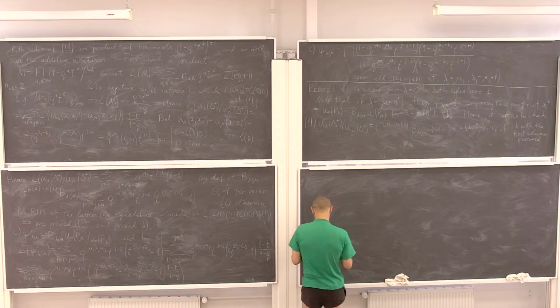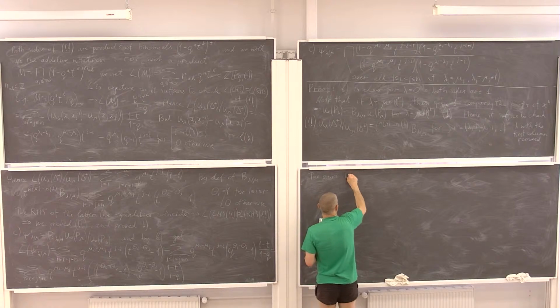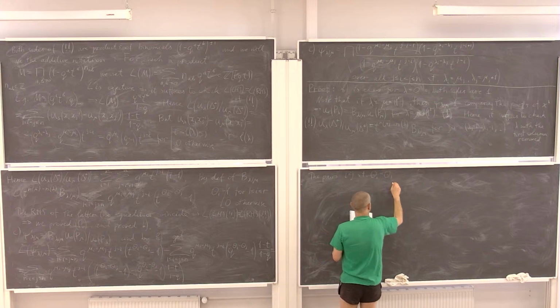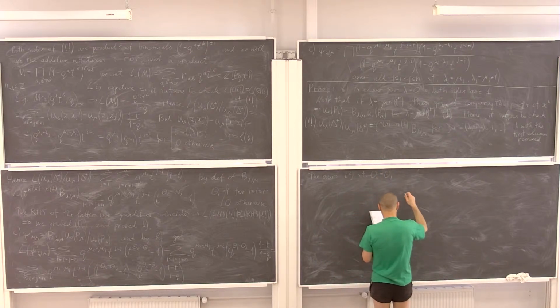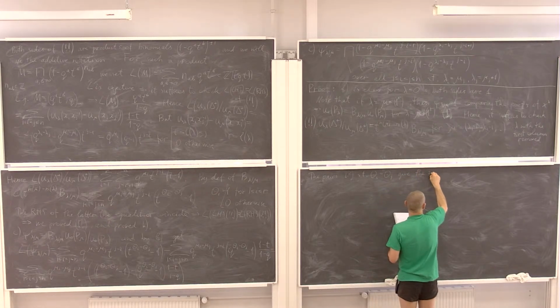Okay. Now the pairs i less than j such that theta i equals theta j give the 0 contribution.